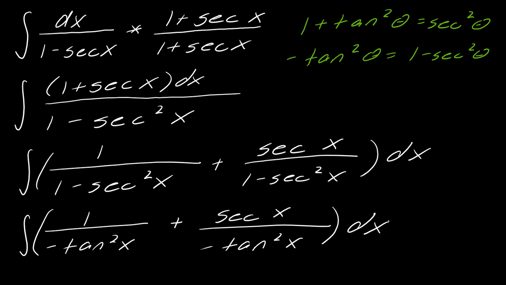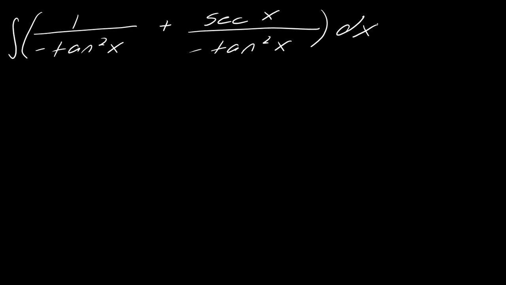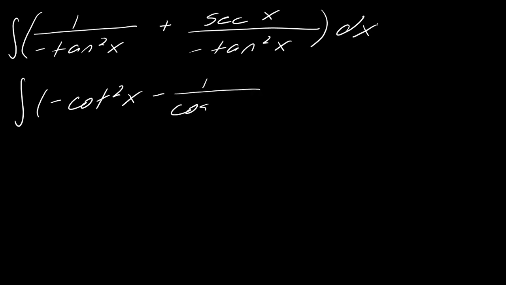So now let's make some space. Okay, so from here, what I can do is rewrite this 1 over negative tangent squared as negative cotangent squared x. And then for this other one, how can I write this? Secant x is really 1 over cosine x.